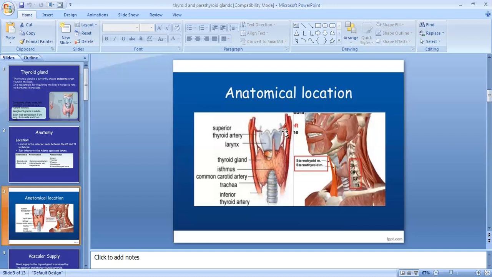This superior thyroid artery goes downwards and reaches the upper pole of the gland and supplies the upper pole and the anterior portion of the thyroid gland, while the blood supply to the lower pole is from the inferior thyroid artery, and it has a close relation with the recurrent laryngeal nerve.